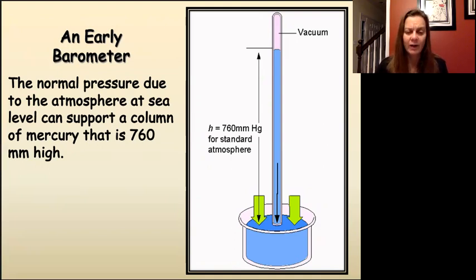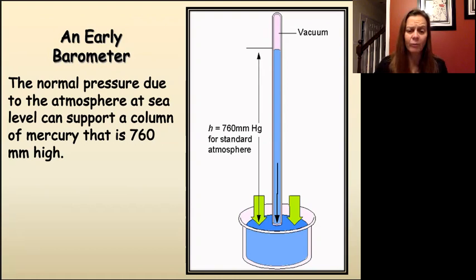If we have a lower atmospheric pressure, there's less force pushing down, and so the column will be lower. That force, again, is created by the mass of the molecules of the air that are pressing down on the surface of the mercury. Air pressure is caused by essentially the column of air that is between us and the exosphere, the outer atmosphere.